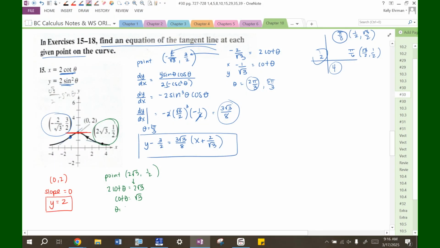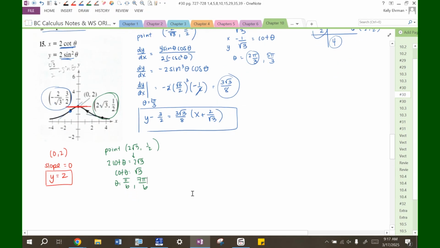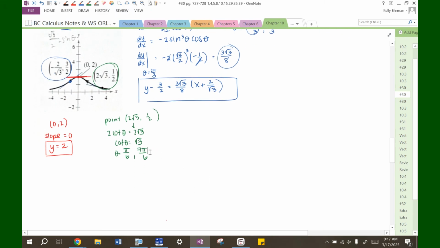So now it's a pi over 6. Again, I can see that I'm in quadrant 1. I could also pick, what is it, quadrant 3, 7 pi over 6. It doesn't matter because you're going to get the same positive and negative signs throughout. So just pick either one of those. So I want to evaluate dy dx at theta equals pi over 6.